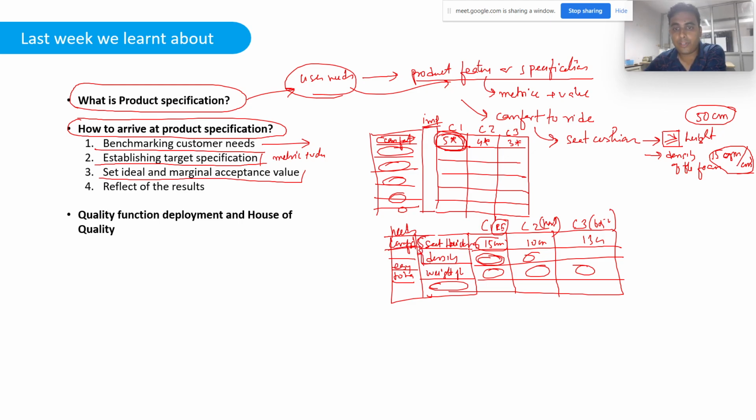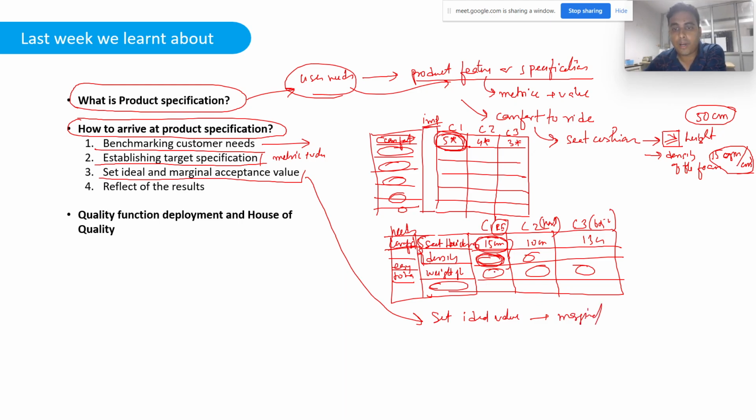We found here that seat thickness and density are actually satisfying the comfort. So we consider that value as the ideal value. So what we do in stage 3 is we set the ideal value and the marginal value.